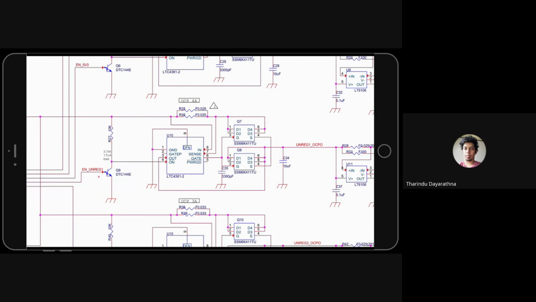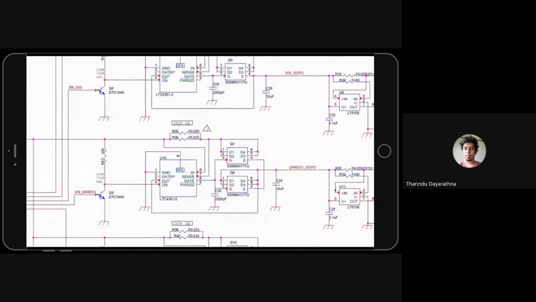You can see the logic inverter here, similar to the previous case. Now you can see the OCP is 4 ampere, and you can see the way it was changed, similar to the last method I said.